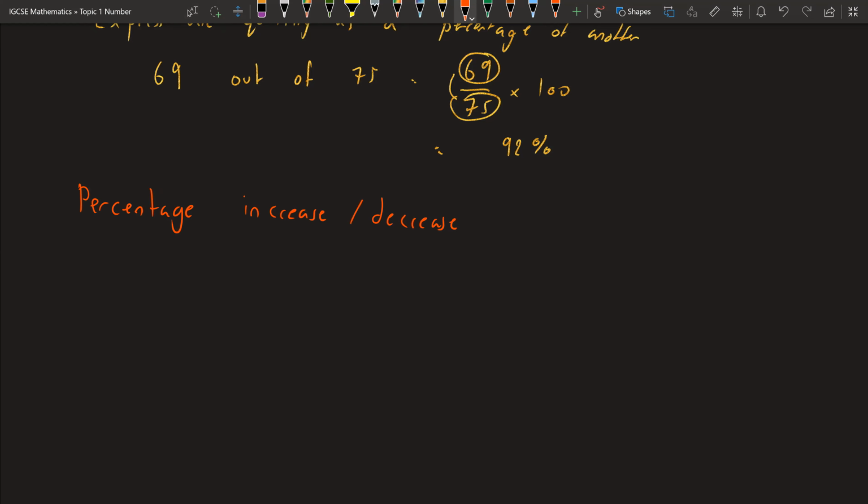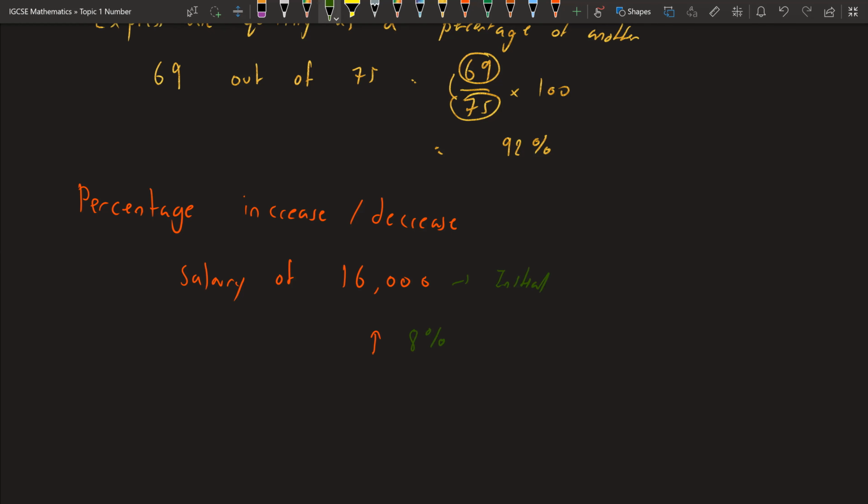So let's say that you have a salary of 16,000 per year. And then your manager suddenly told you that you'll have an increase of 8% the next year. That means there'll be an 8% increase to your initial amount.